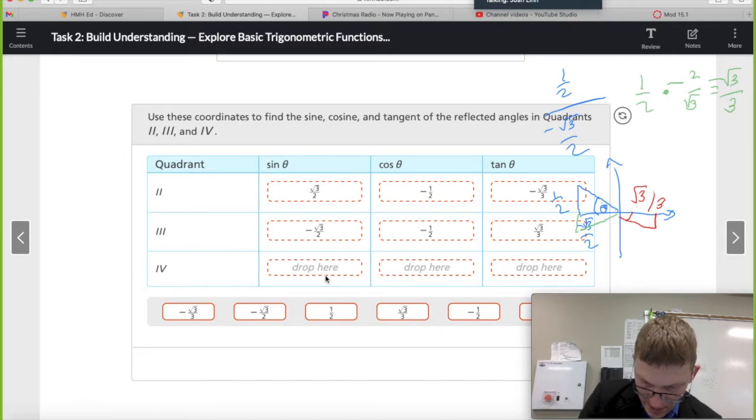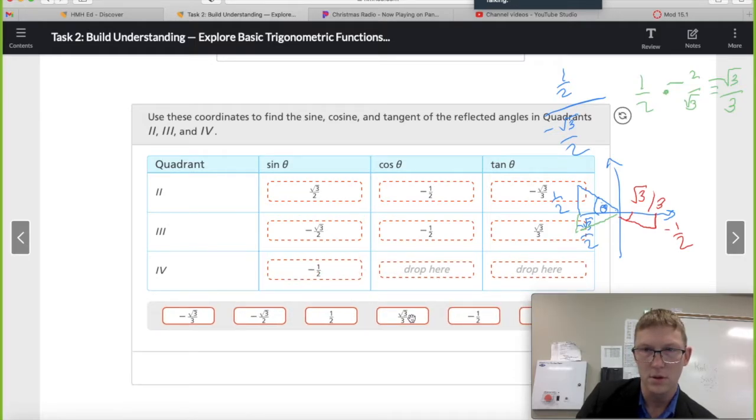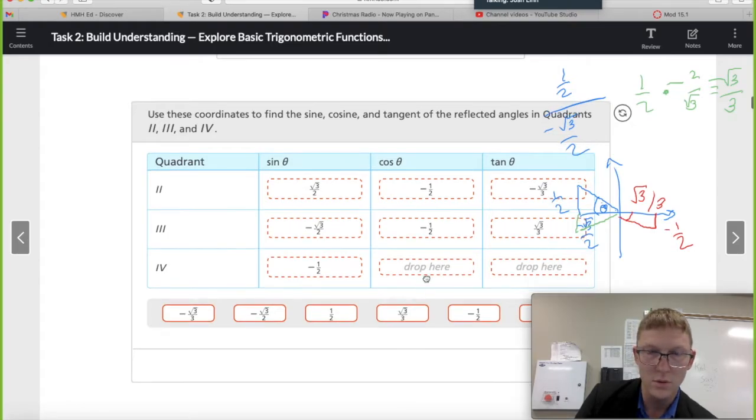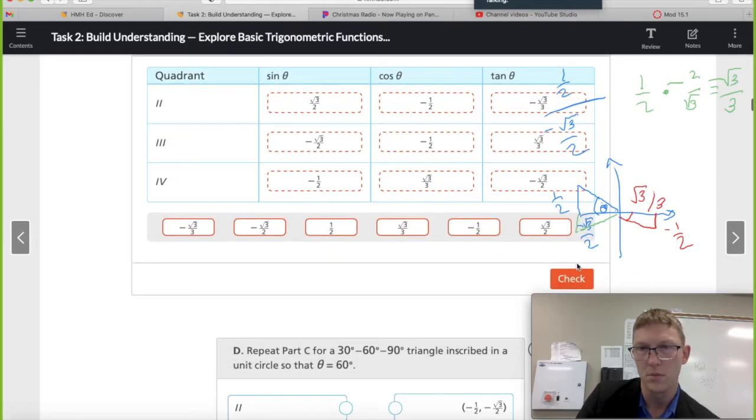Our y is still going to be negative 1/2. And so then we can figure everything out from there. So our sine is negative 1/2. Our cosine is positive square root of 3 over 3. And then our tangent is going to be the same as this one. Did I get them all right?